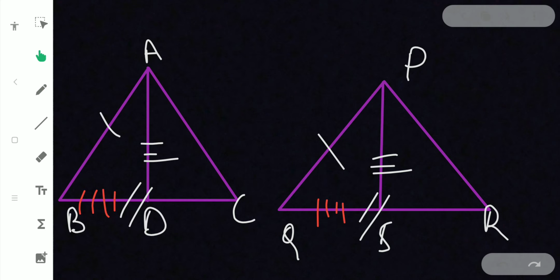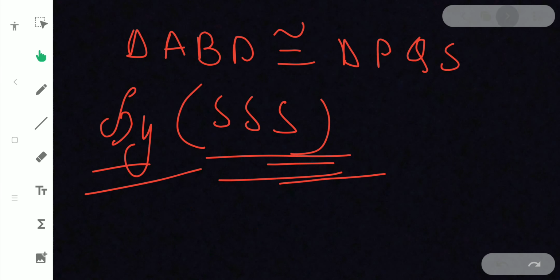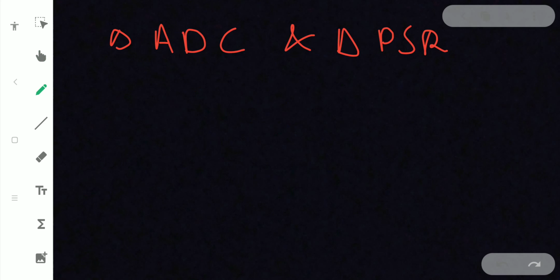Now what we are having is again the median, and this line we are having equal as it is. So DC is equal to SR, AC is equal to PR and AD is equal to PS.